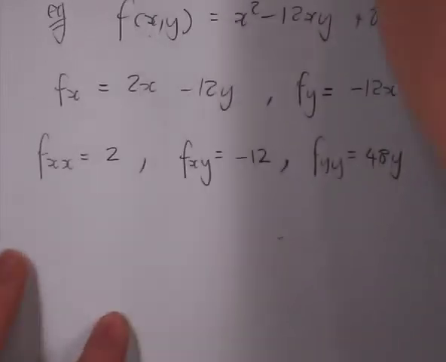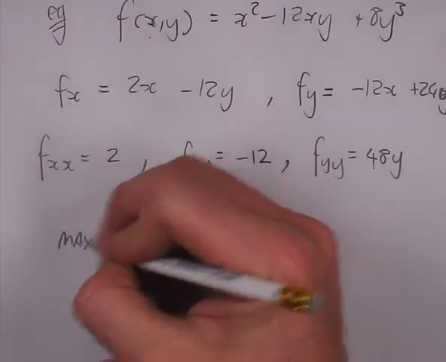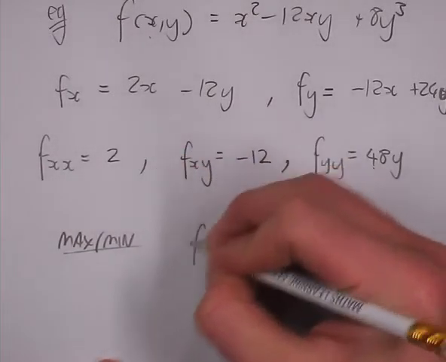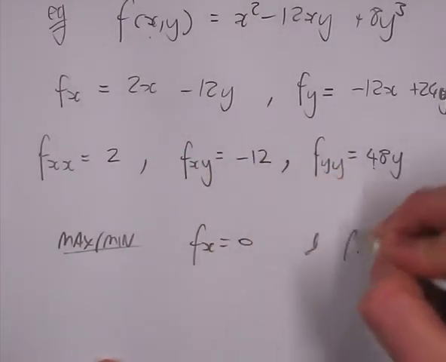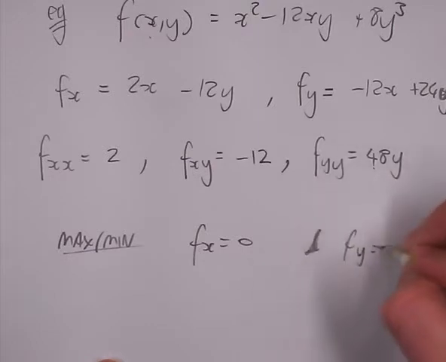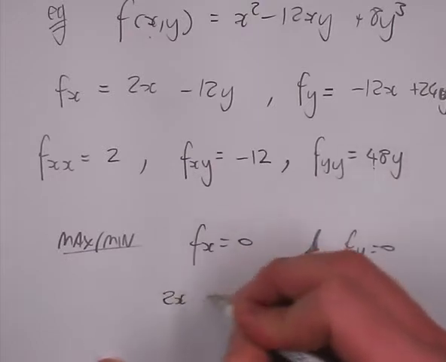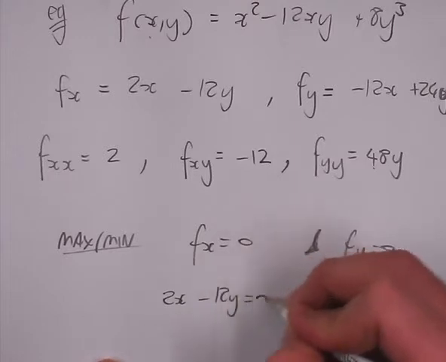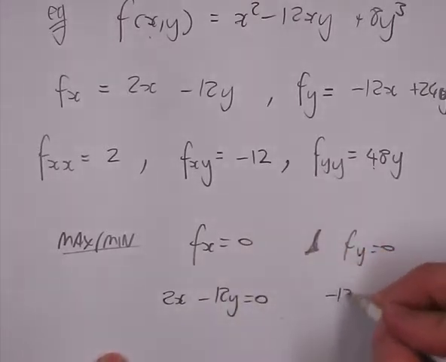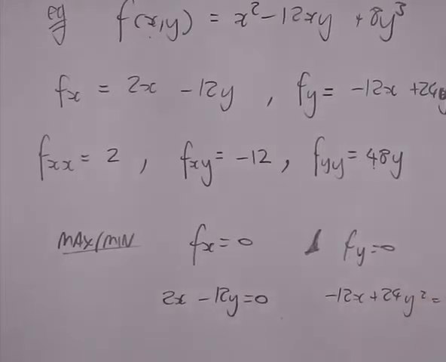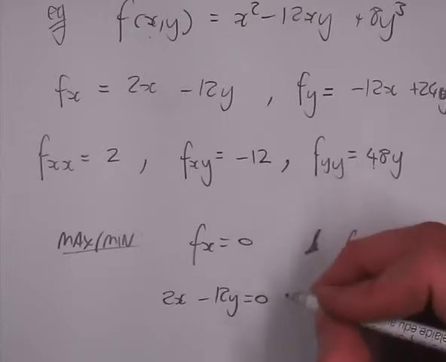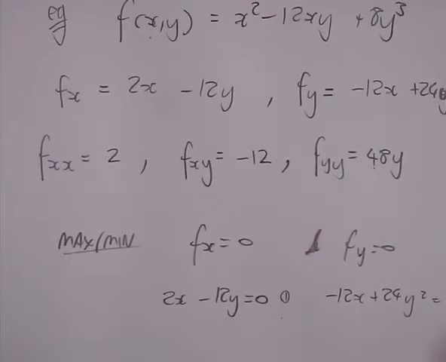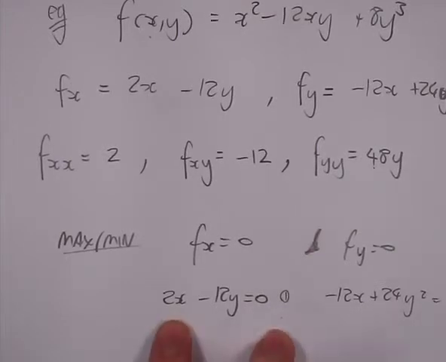Now we need to find our maxima and minima. For max and min, we need fx to be 0 and fy to be 0. So we've got 2x minus 12y has to be 0, and minus 12x plus 24y squared has to be 0. I need to solve those equations simultaneously, which I do not like, but that's okay. In this one, I can at least write x in terms of y.